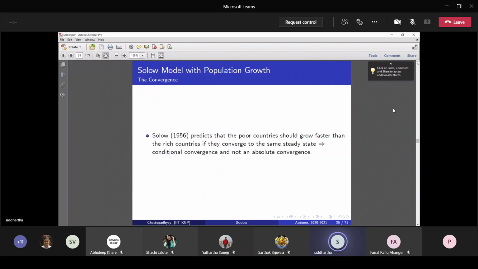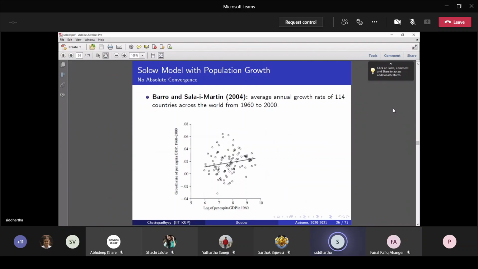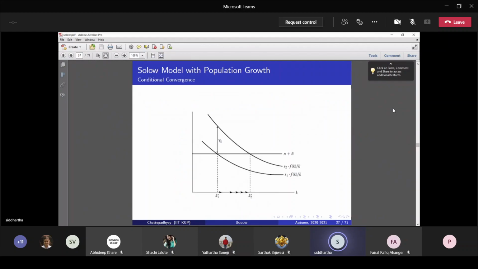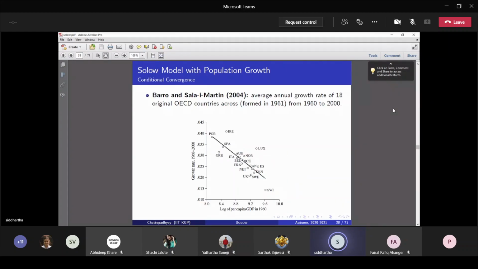But when you take all the countries of the world together, it's not getting satisfied. But when you take countries separately, in homogeneous groups, it is getting satisfied. And that's the question. Is Solo wrong, or are we interpreting Solo wrongly?